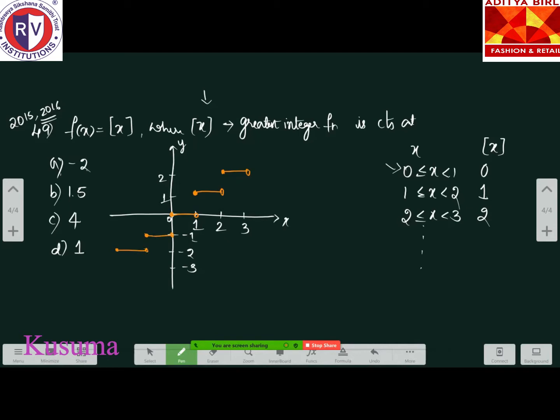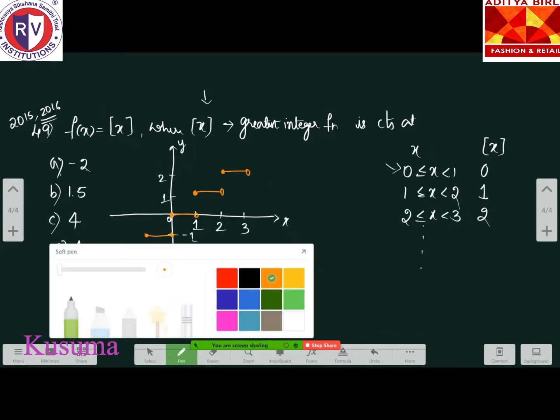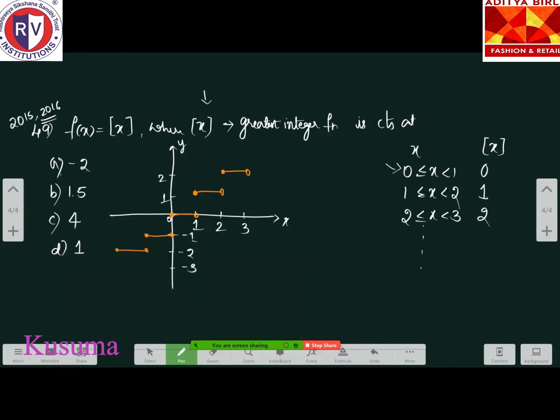Look at this graph. Can you say where this function is discontinuous? Can anybody say at what values this function is discontinuous? You can try to answer.